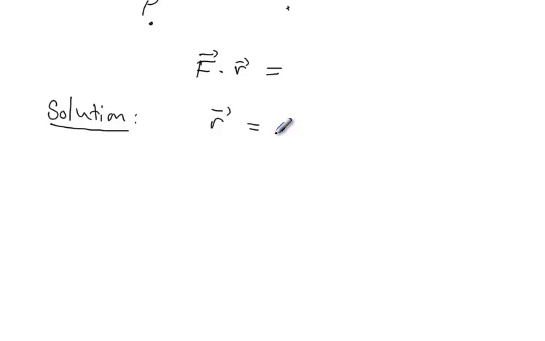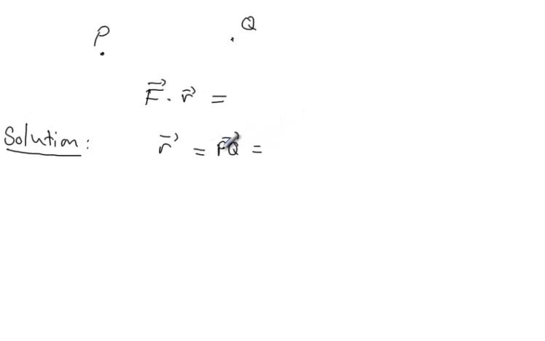R is actually the vector PQ. The simplest way of doing this is to take the coordinates of Q and subtract the corresponding coordinates of P, all together, because the head of the vector is at Q.